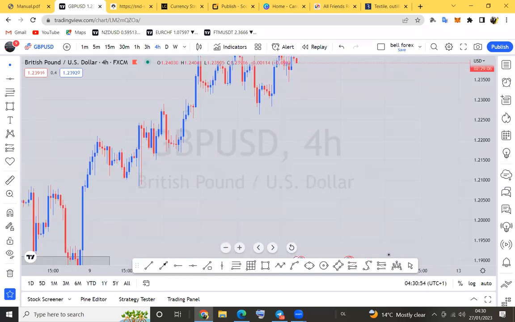This technique, for example, can be used if you have an impulsive move like this. It can be used to calculate the degree of retracement which you are going to have in an impulsive movement.